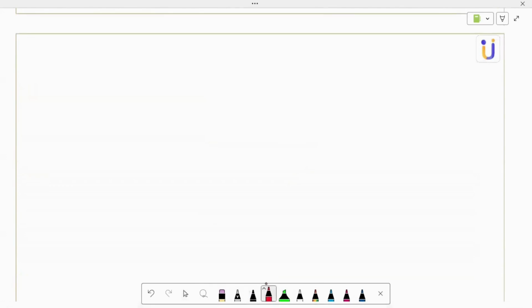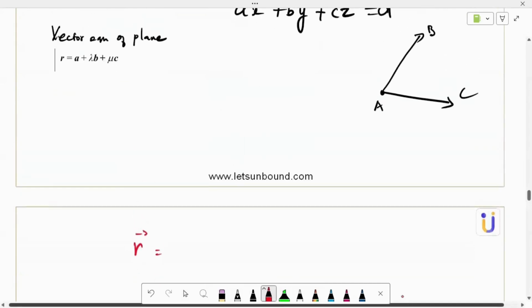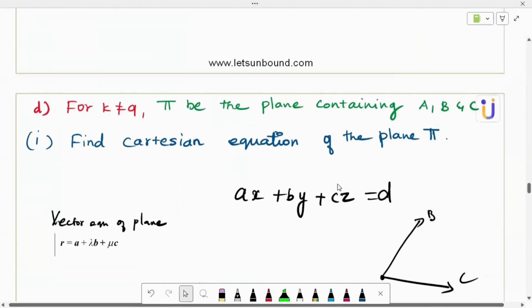Let's go. R vector is equal to A vector plus lambda AB plus mu AC. The A vector is just the OA vector, since it's a fixed point, but the B vector we treat as AB, and the C vector is the AC vector. AB, AC we already have, and OA. K not equal to 9, they have said.